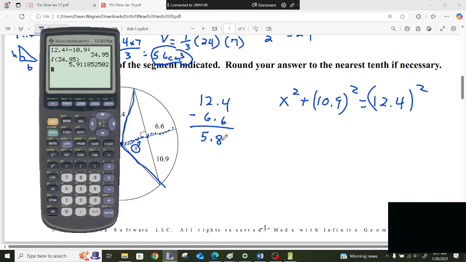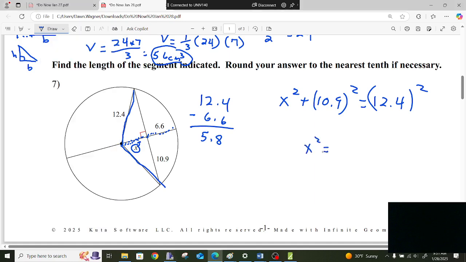Yeah, we're off a little bit, but it should have been about the same. They probably did some rounding when they were doing this, so there were probably some rounding errors. But yeah, 5.9, 5.8. They're on different sides of the equation, Lakeisha. So when you found the squares, you'd have to subtract to get x squared equaling 38 point something, and then take the square root.